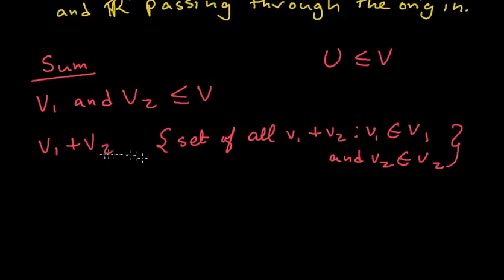So what does this mean? This is the set of all the possible sums of the elements of V1 and V2. You have some element of V1, some other element of V2, you add those two and put it here. You take all the possible sums of these two, and that set is V1 plus V2. That's the sum.